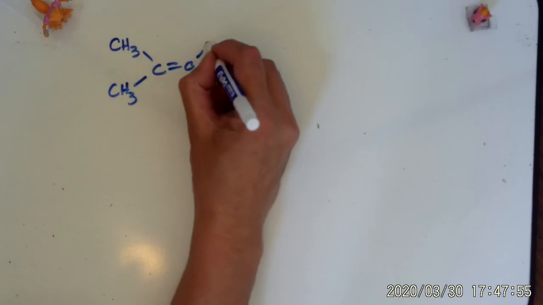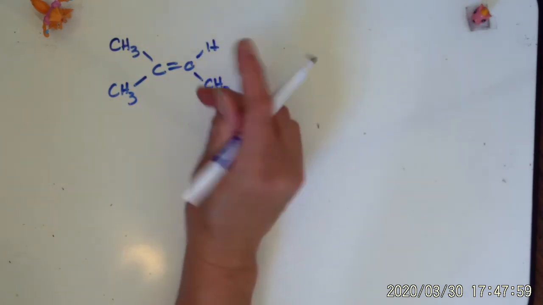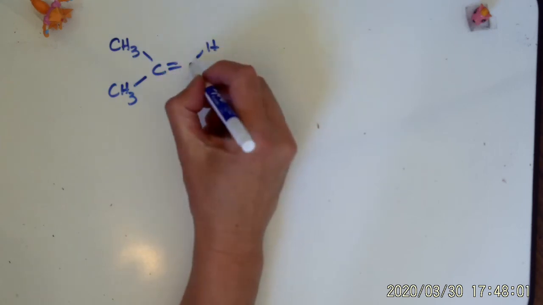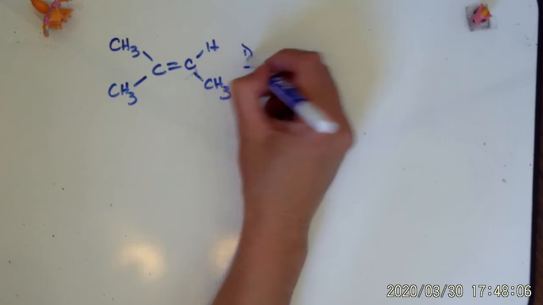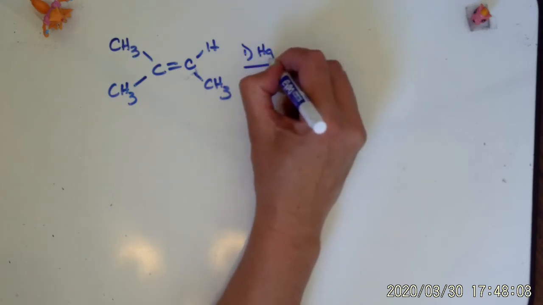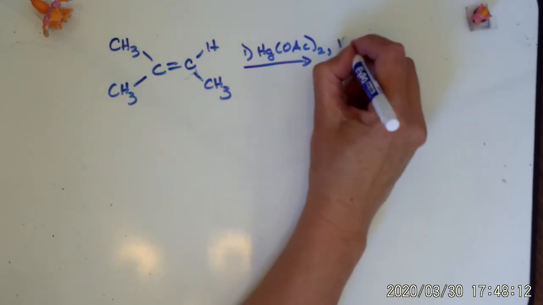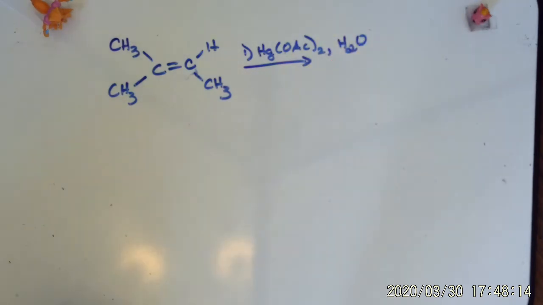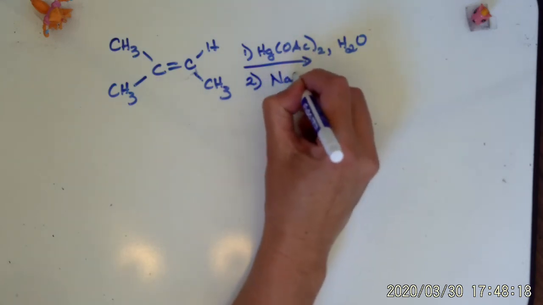Methyl butylene, make that a nice carbon there. In multi-steps, in step 1, I put mercuric acetate, and I'm going to use my solvent, water. In step 2, I'm going to use sodium borohydride.